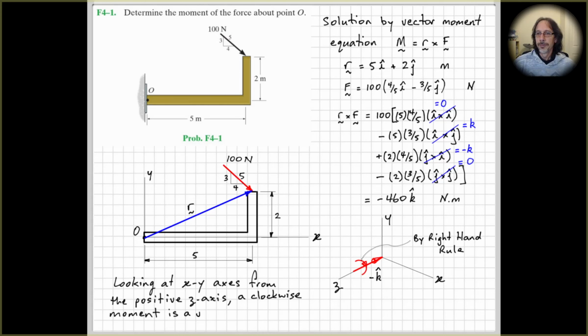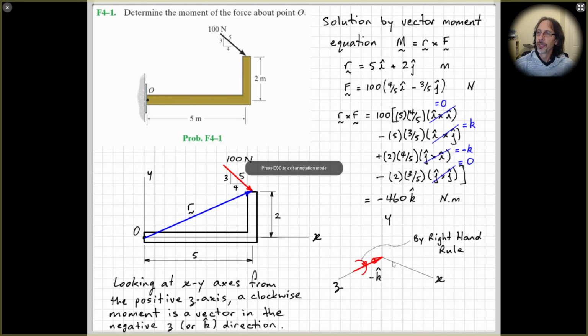So if we're looking at the XY axes from the positive z-axis, looking down this way, we can see that we've got a clockwise moment around here. It's in the negative z or minus k direction.